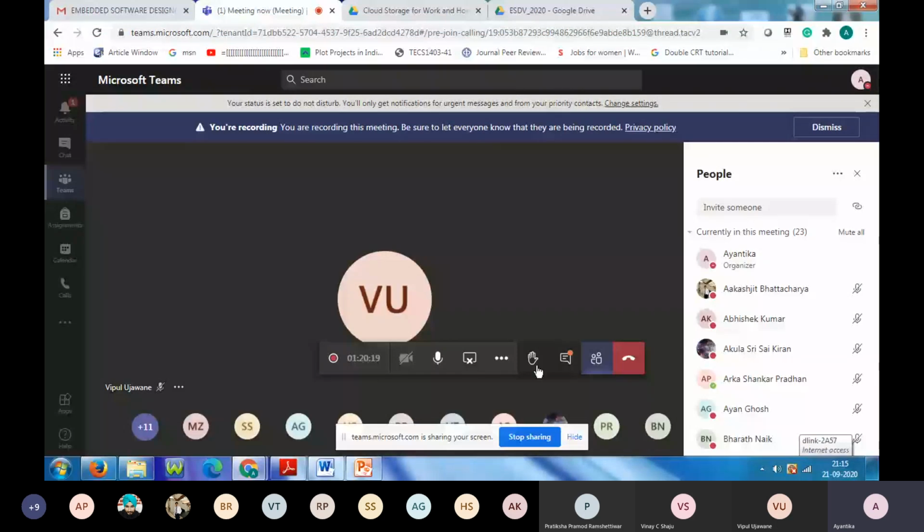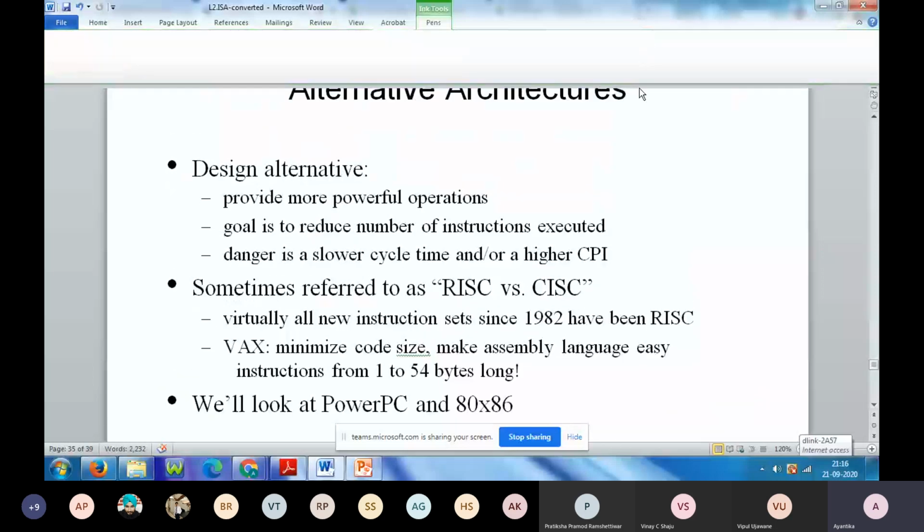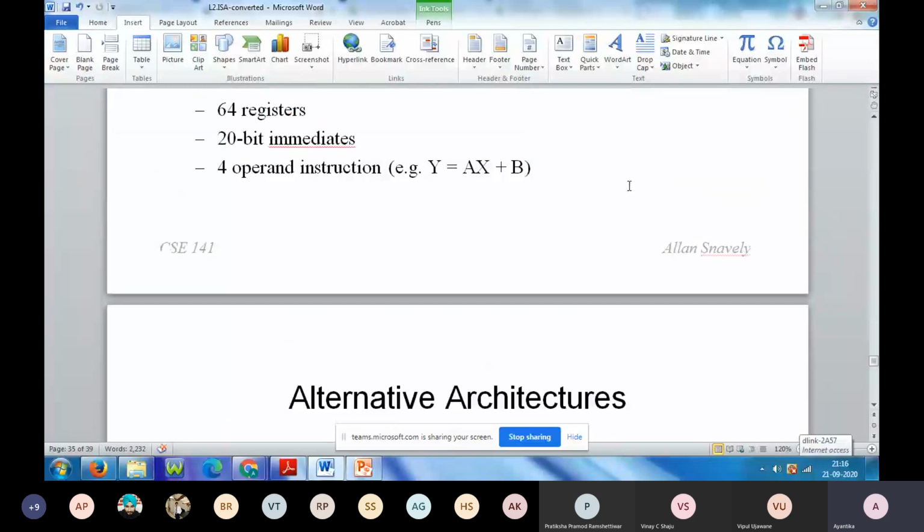This is just an example we have taken, I'm telling again, and you can analyze the instruction set architecture of any other processor in a similar way. Is there any question till now?